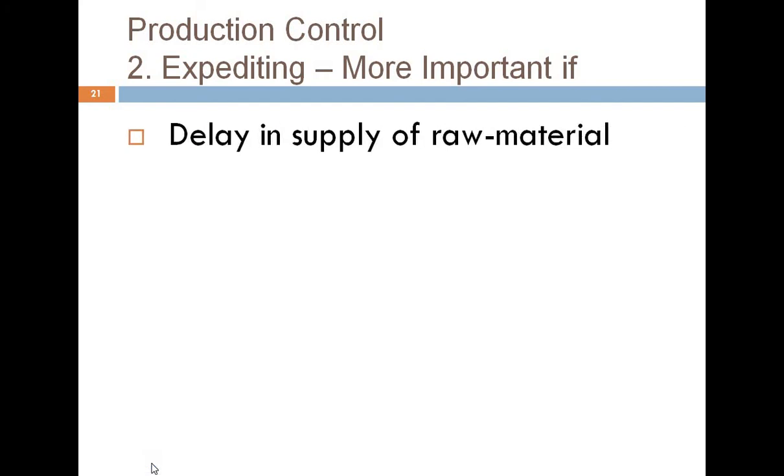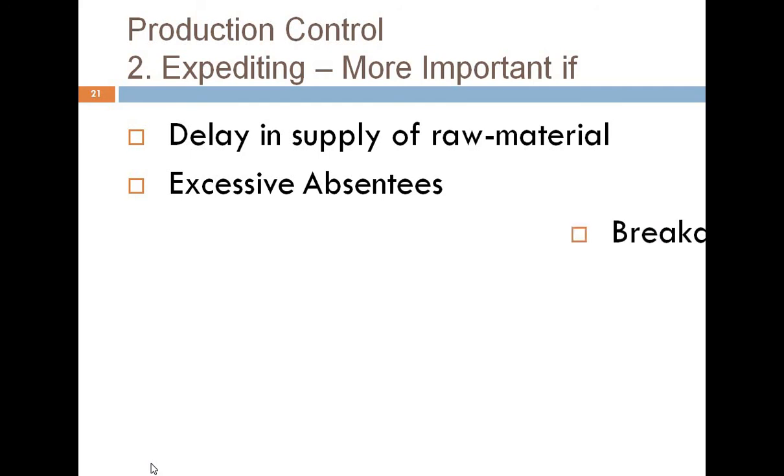Expediting or follow-up is an important and integral part, but it becomes more important if there is a delay in the supply of raw material. If raw material has not been received at the shop floor and is being delayed, expediting becomes important. If people are absent because of any emergency, fewer people will not be able to give the required output on due dates.